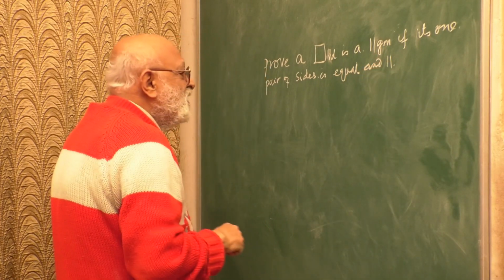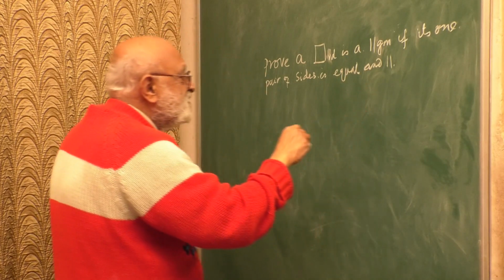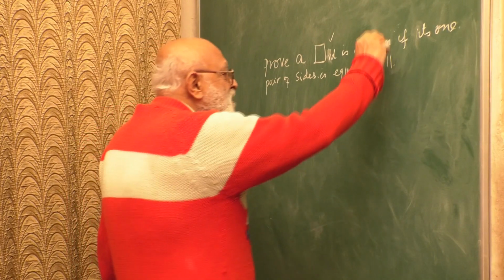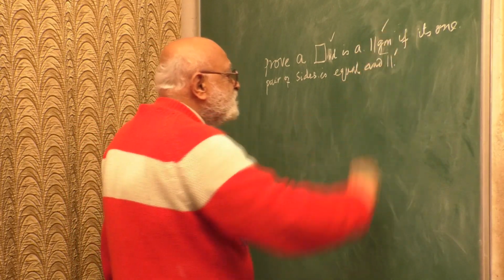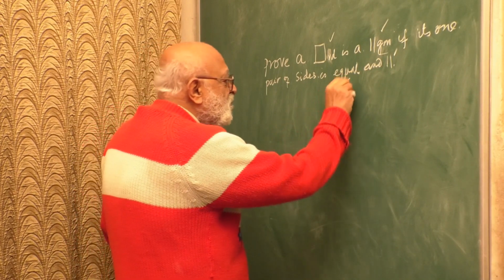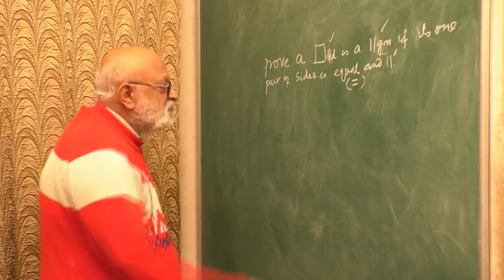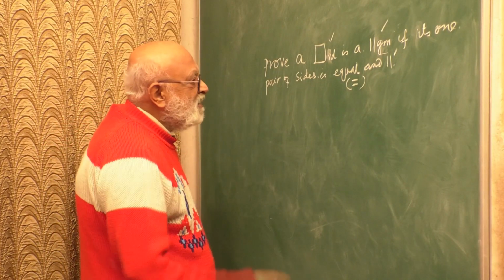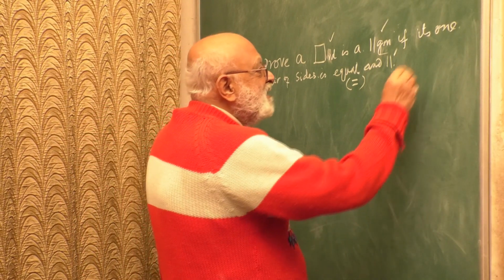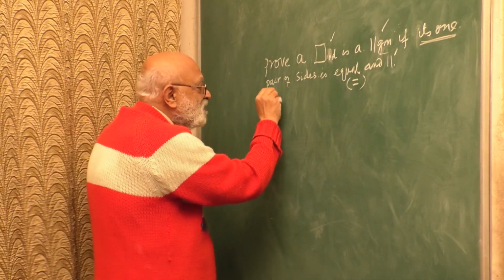Okay, equal and parallel. I have used a lot of abbreviations and that should be accepted. I have used this for quadrilateral, this for parallelogram, and I could have used this instead of equal, but I don't want to. Another thing I want you to concentrate on is that it's one pair, not both pairs. It's one pair of sides.